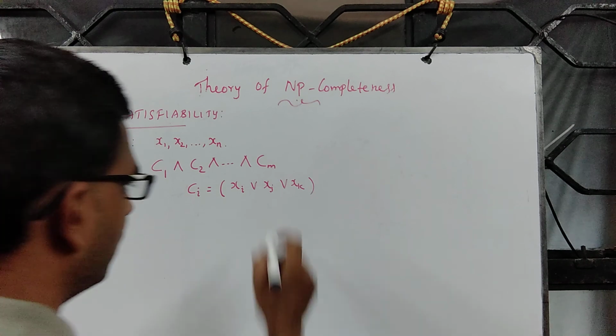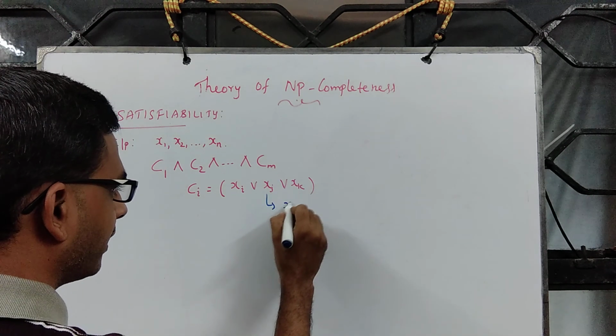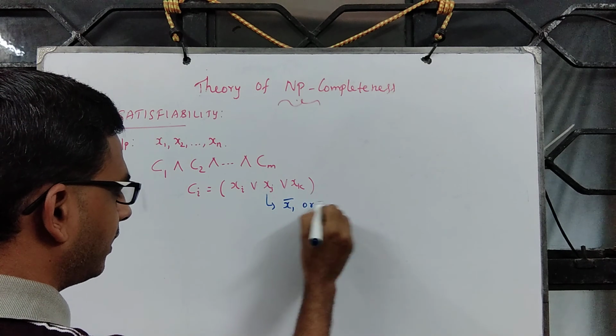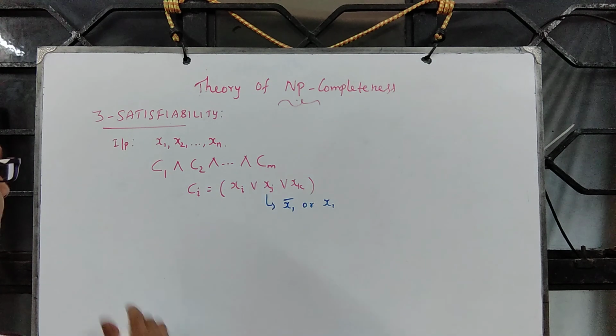They appear in true form or in negated form, meaning this could be x1 bar or x1. So something like this is given to us.